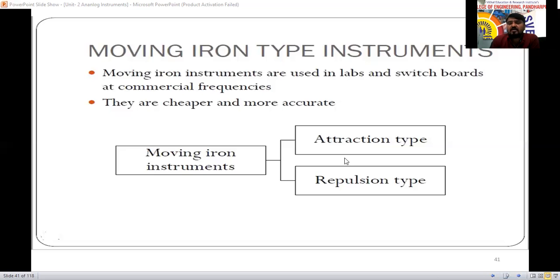The first function of the magnet is attraction, so we have the attraction type. The second is repulsion, so we have the repulsion type.